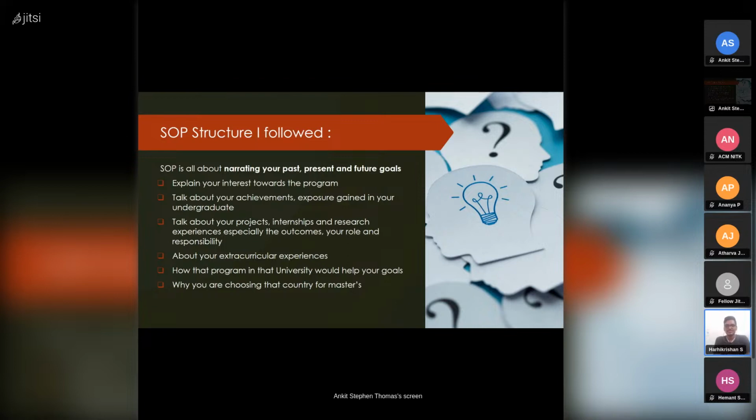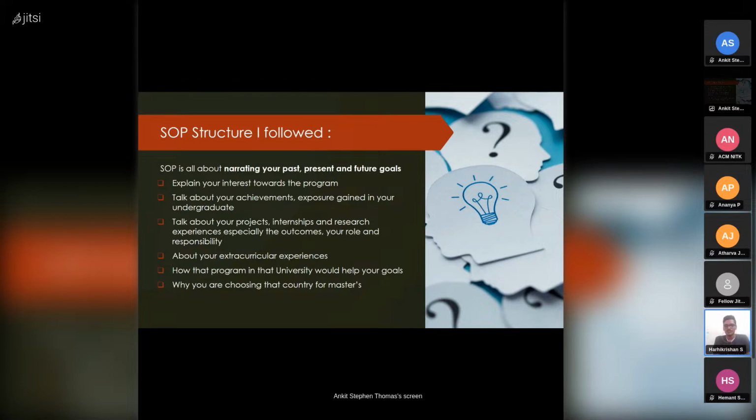This structure is not generic. If you are thinking about a US application, you can write an extensive SOP, like one page of narration.